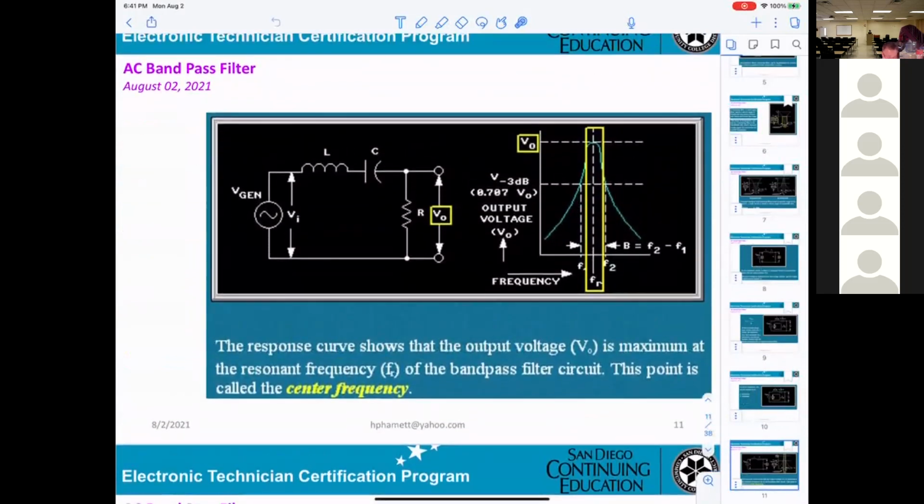The response curve shows that the output voltage Vout is maximum at the resonant frequency FR of the bandpass filter circuit. This point equals the center frequency. Basically, that is the resonant frequency.